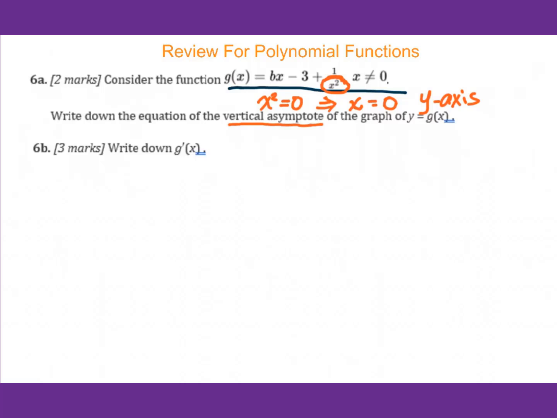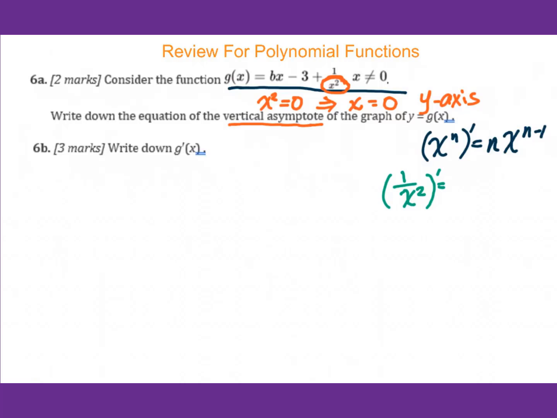6b, write down g prime of x, that's the derivative of g of x. Remember the power rule of derivative: x to the nth power gives n x to the n minus 1. Try to remember the derivative of 1 over x squared.